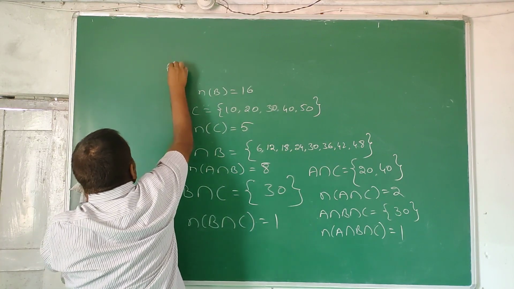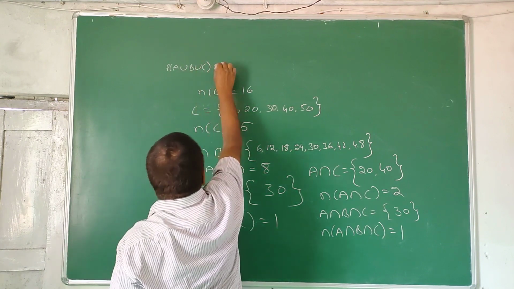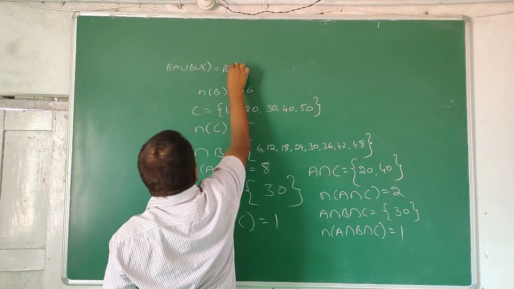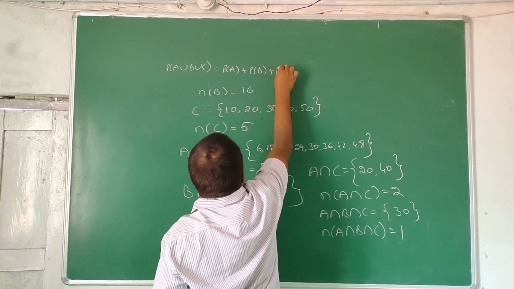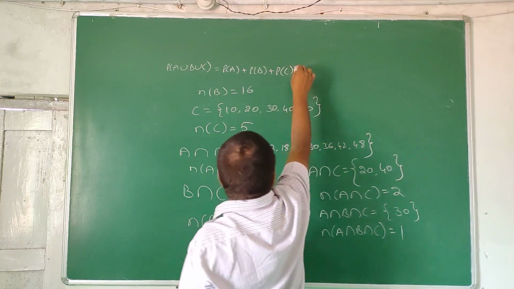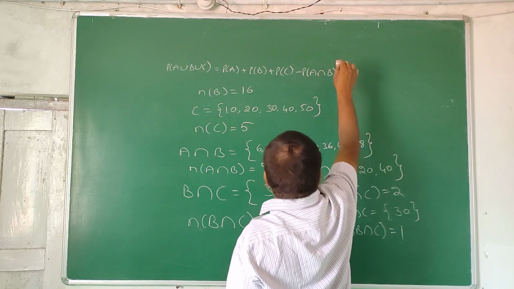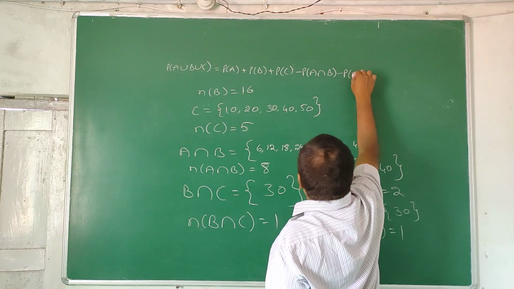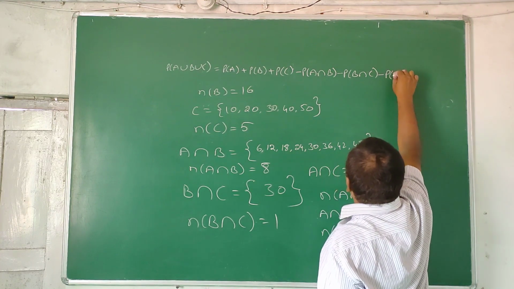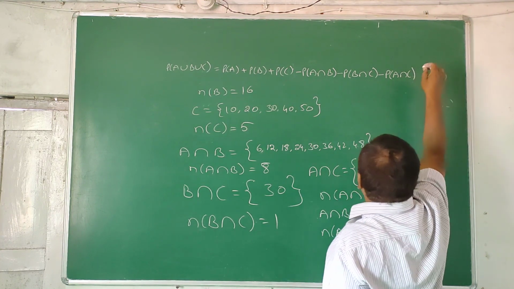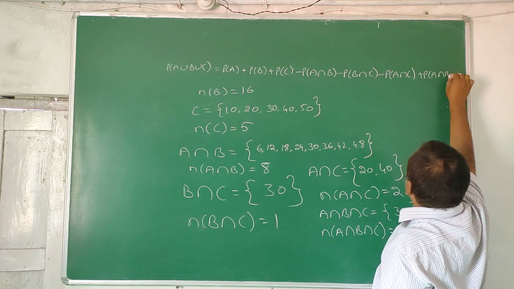P(A union B union C) is equal to, I have given now that extension formula, P(A) plus P(B) plus P(C) minus P(A intersection B) minus P(B intersection C) minus P(A intersection C) plus P(A intersection B intersection C).